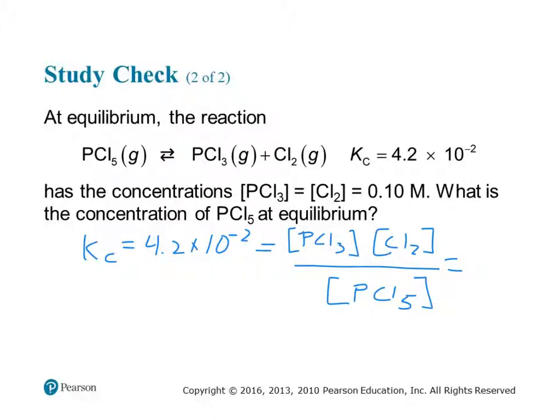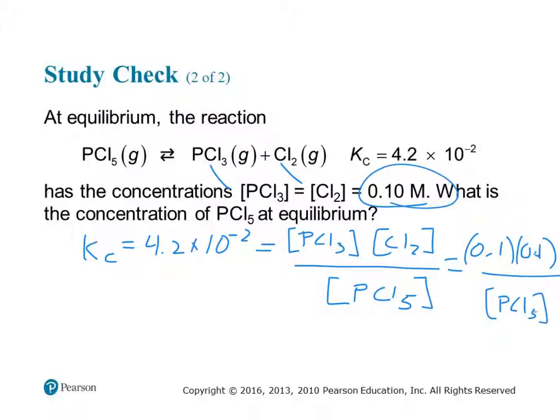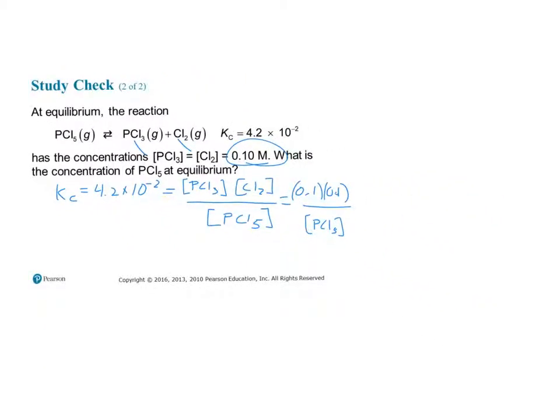It says the concentrations at equilibrium for this and for that are both 0.1. So we've got 0.1 times 0.1 over the concentration of our phosphorus pentachloride that we're wanting to solve for. And that is equal to, that's a 0.1, by the way. My handwriting is really, really sloppy. Is equal to 4.2 times 10 to the negative second.